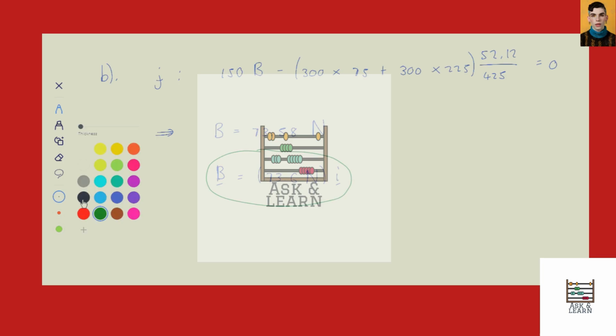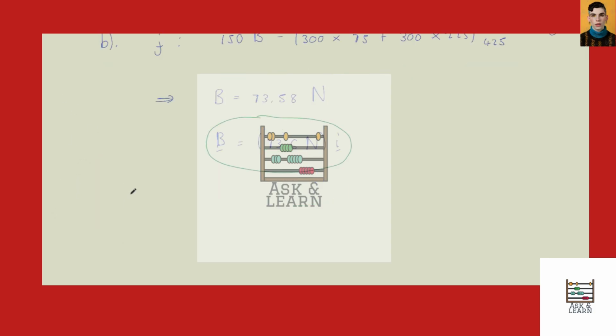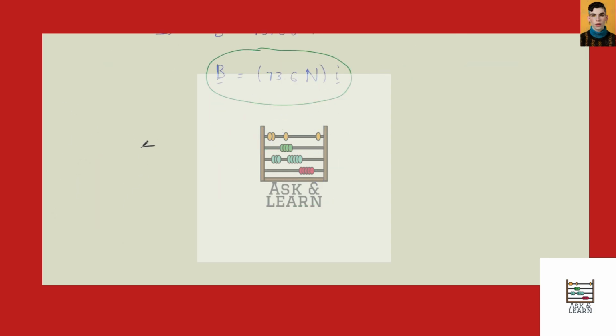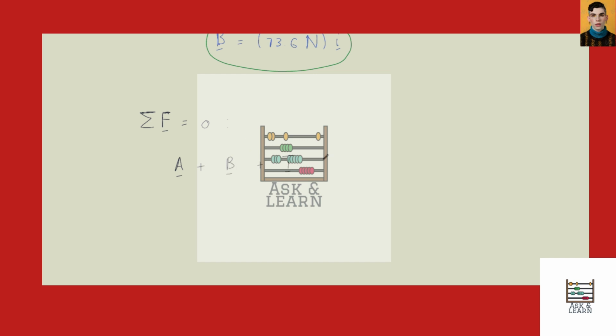Now we're left with one more, which is A. Now we can use Newton's second law, and this says that the sum of the forces must equal 0 since the system is in equilibrium and there's no acceleration, which means that the reaction force A plus the reaction force B plus the tension in the cord minus the weight must equal 0.